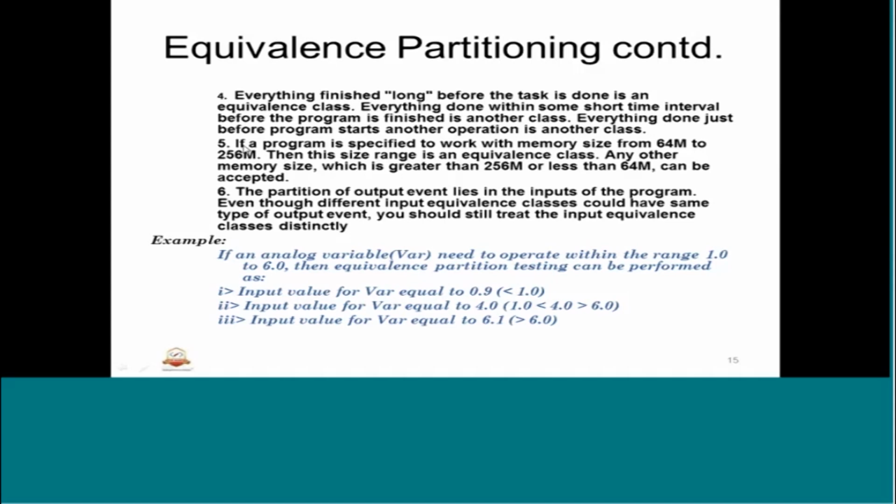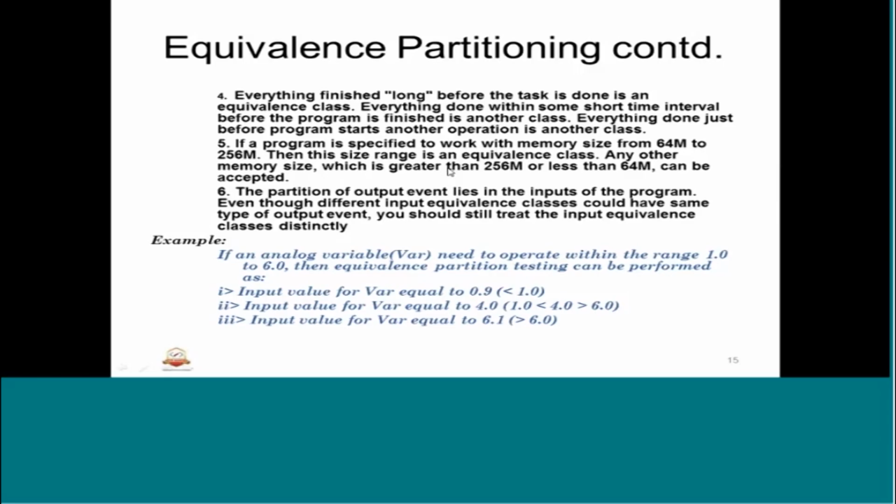The fifth one talks about memory. If a program is specified to work with a memory size, suppose the memory can take from 64 MB to 256 MB, what is it going to take for equivalence? Then the size range is an equivalence class, because we know the lower size and the higher size.